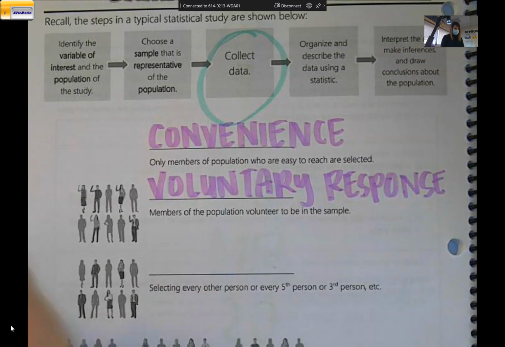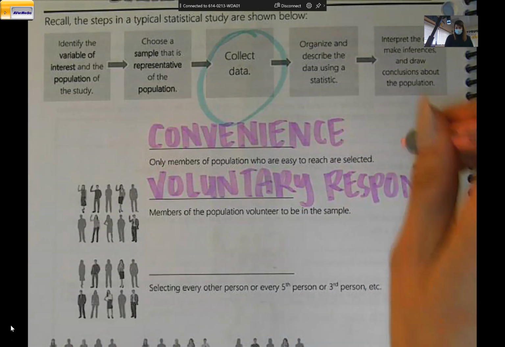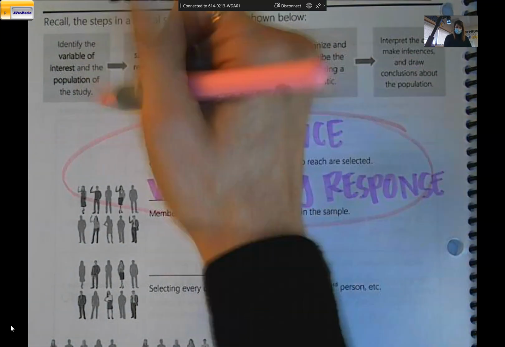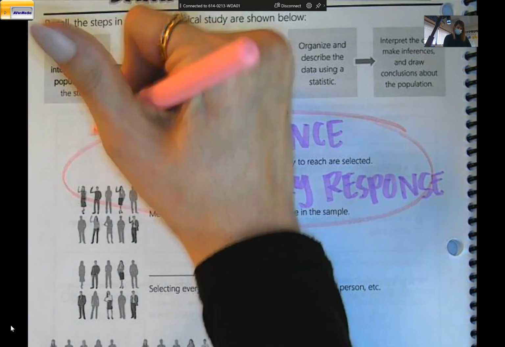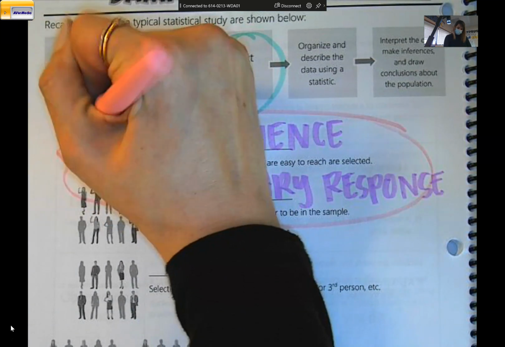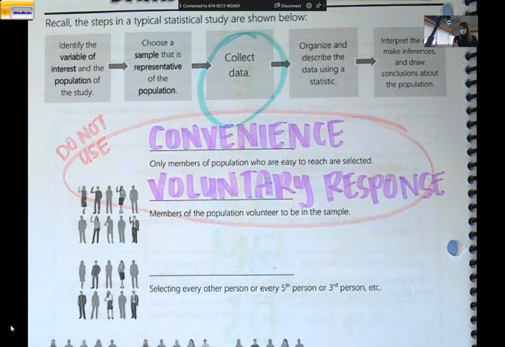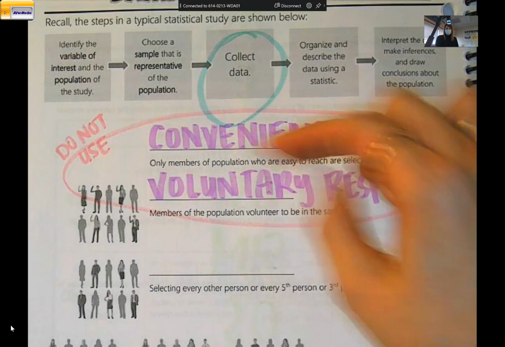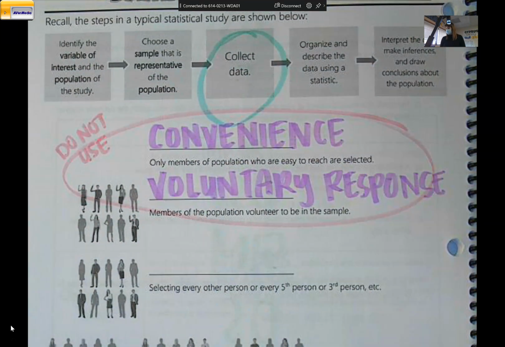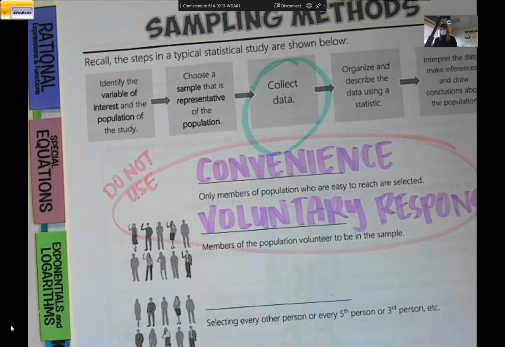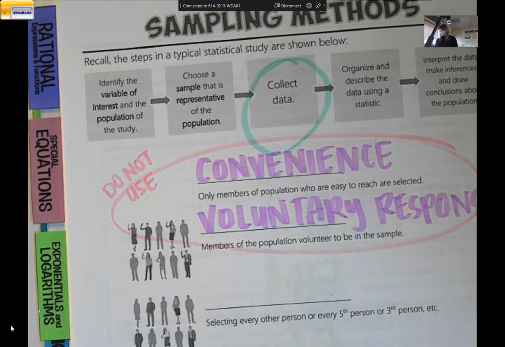These two are bad. Bad. Now, right in between these two and this next one, we really should add in the simple random sample. So I'm just going to draw a little line.